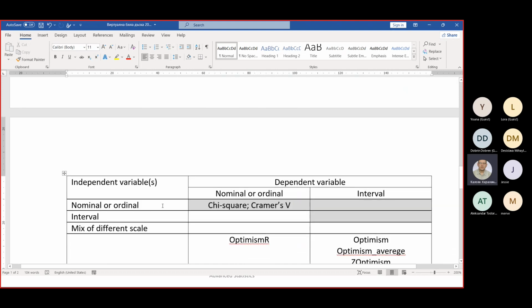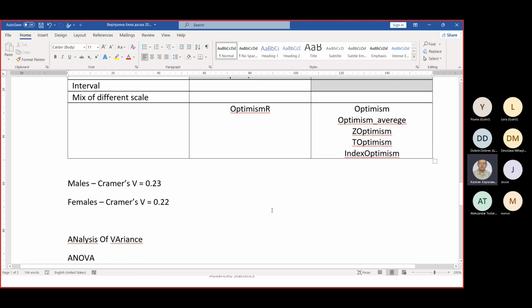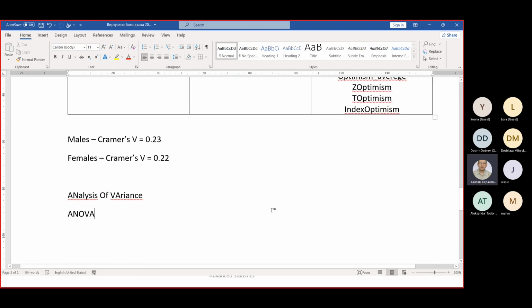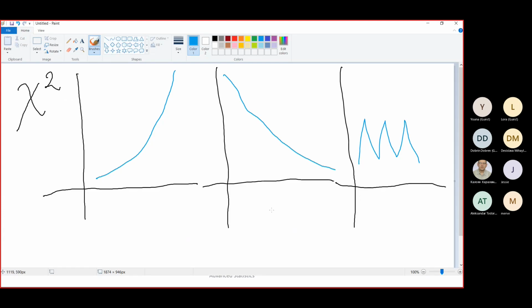Coefficient now is called correlation ratio. And for this correlation ratio, we use Greek letter eta.